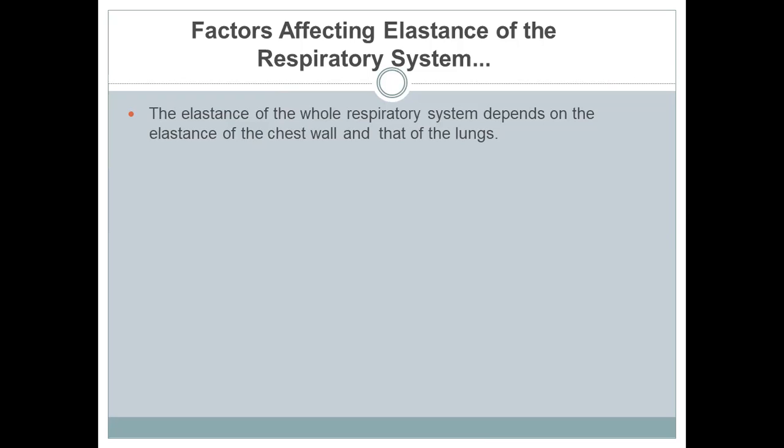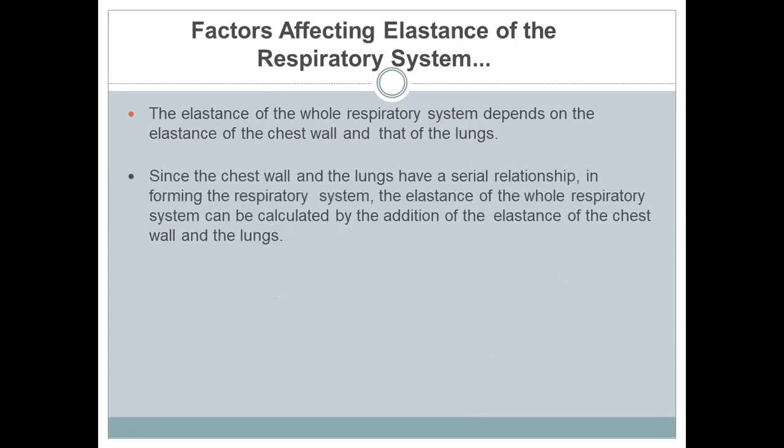The factors which are affecting the elastance of the respiratory system are a number of factors. The elastance of the whole respiratory system depends on the elastance of both the chest wall and the lungs. So whatever factor is affecting the lung elasticity or the chest wall elasticity is going to affect the elastance of the respiratory system.